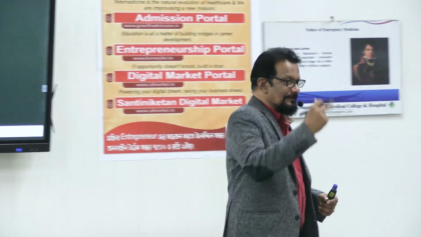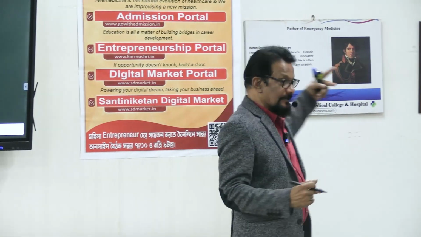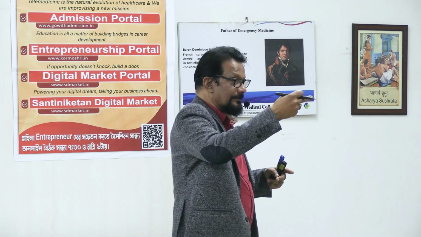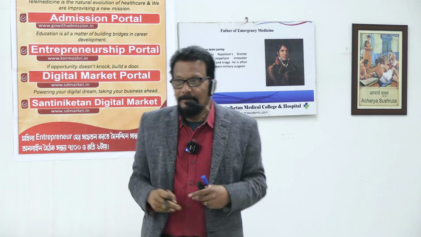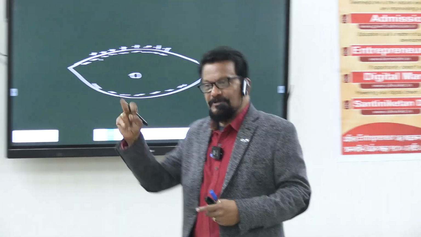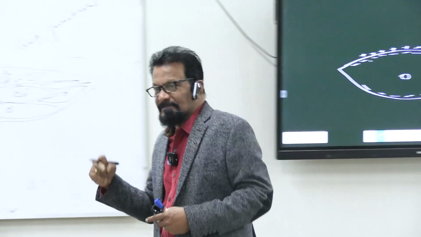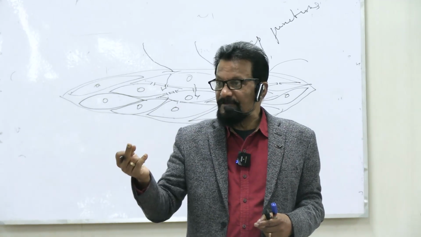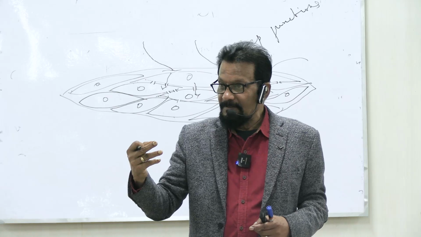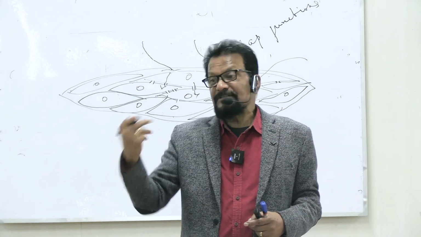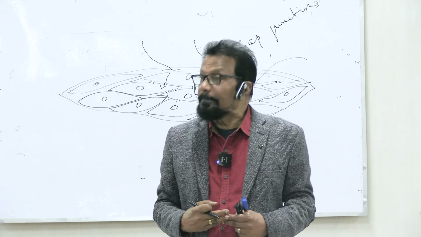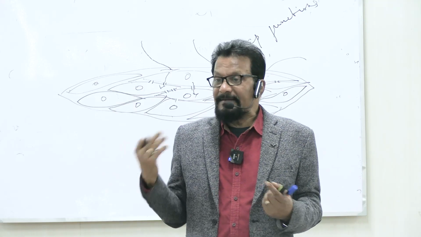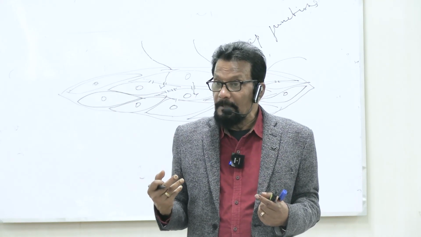Since there is a difference in charge across the membrane, if you place one electrode inside and one outside and connect it to a galvanometer, what will you observe? A potential change. This potential difference is called resting membrane potential. In nerve cells, it is minus 70 millivolt. For skeletal muscle, it is minus 80 to minus 90 millivolt.